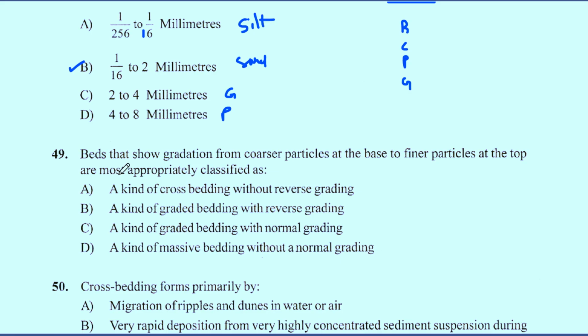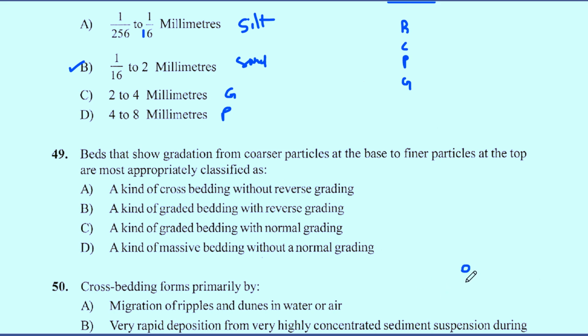Next question is: beds that show gradation from coarser particles at the base to finer particles at the top are most frequently classified as... This is a very simple question.